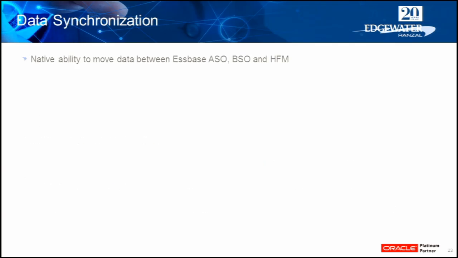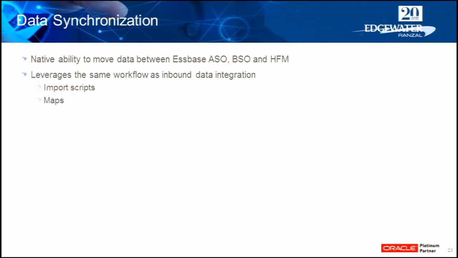All right. So data synchronization, the ability to move data natively within the EPM suite and even outside of the EPM suite. So I can take data from an Essbase cube and I can actually push it back into PeopleSoft or EBS. Pretty nice feature. It leverages all the same workflow as an inbound data integration, which means if you're familiar with FDM or FDMEE today, you can use import scripts, maps, all of those different things.